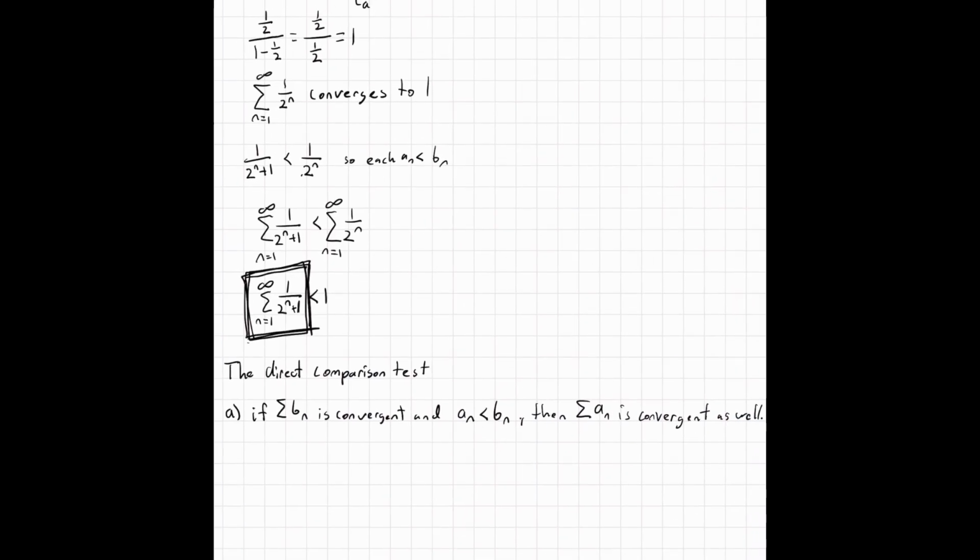Now imagine a similar situation, but if I told you that Bn is divergent and the b terms are larger than the a terms, then that an series is divergent as well.